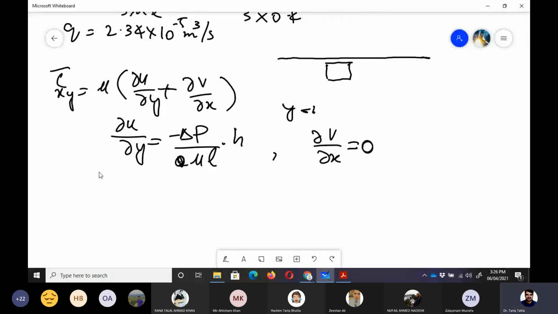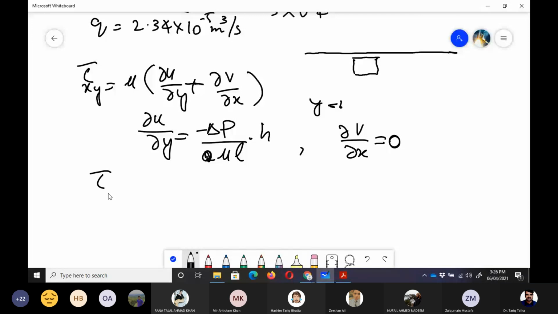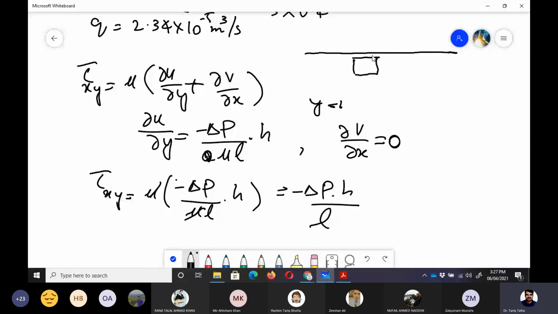So let's put these values in for tau xy: mu into minus delta p upon mu L into h. Now mu would be cancelled, and this is minus delta p h divided by L. Now this is the shear stress which is being applied on this fluid element by the pipe.